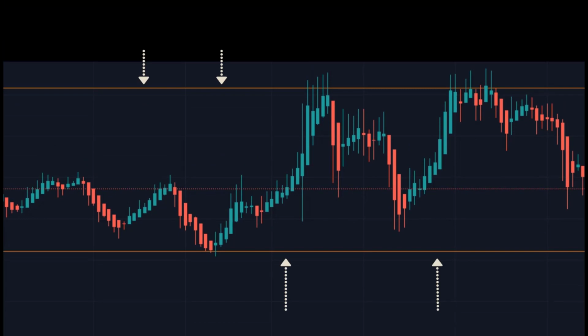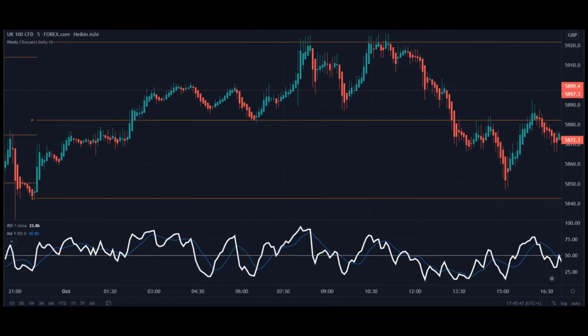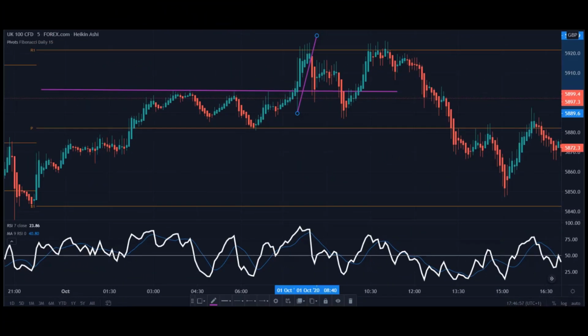Down the bottom you see an RSI, quite a fast one, 7 period, with a moving average cross on top of it, and we're going to tie what we see on the pivots and the doji or spinning top along with the buy sell RSI indicator at the bottom, and we're looking for a cross of the moving average there.